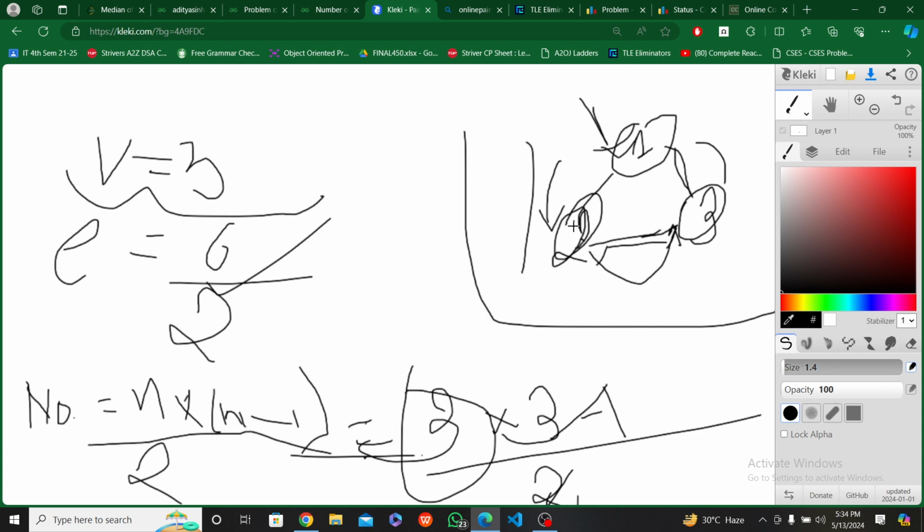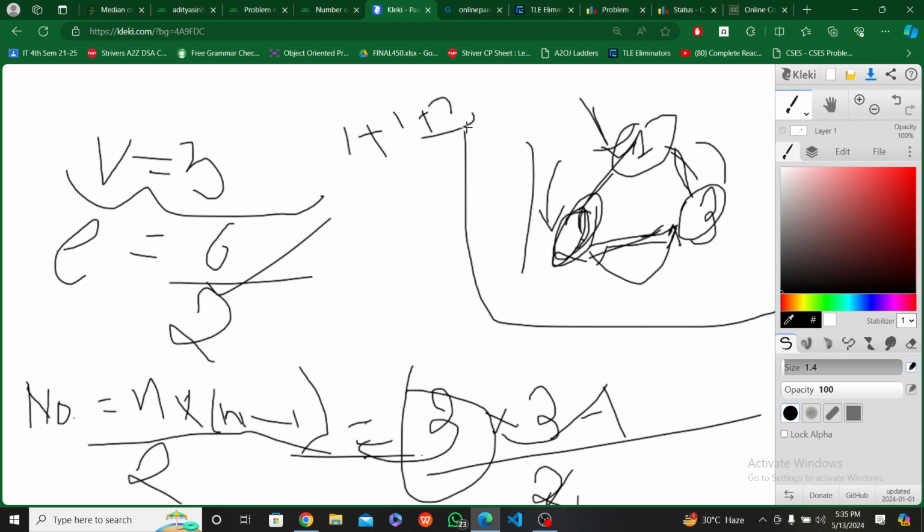How? Let's see. 2 is contributing 1 and 3. Okay, 3 is contributing 1 and 2, but I have already counted 1, so this is my extra. And 1 is counted to 2, but 2 already counted this, so this is another extra, and this will count again extra, so we have 3 extra.